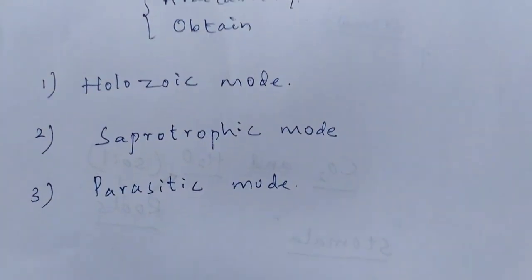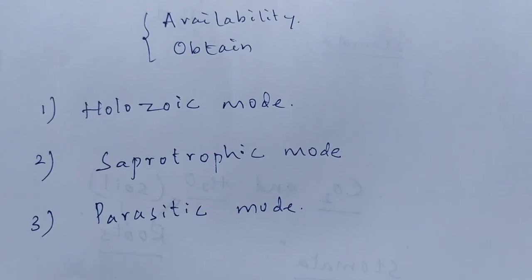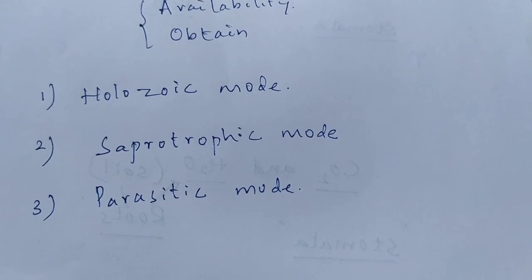So, depending on the availability of food and the way the organisms obtain it, the heterotrophic mode of nutrition may be holozoic, saprotrophic or parasitic.